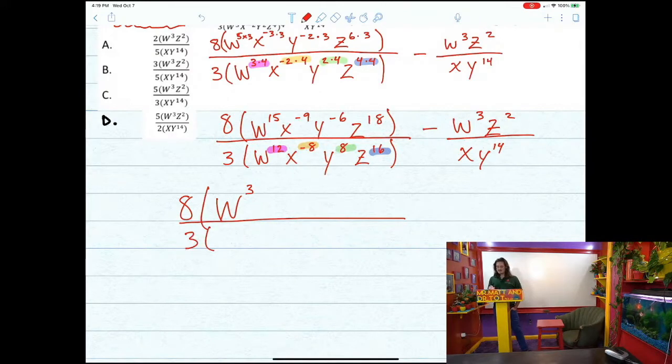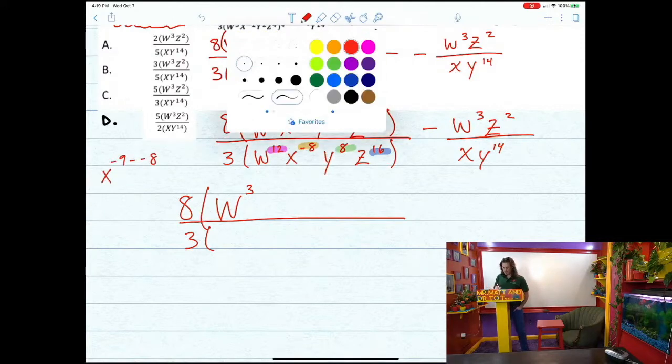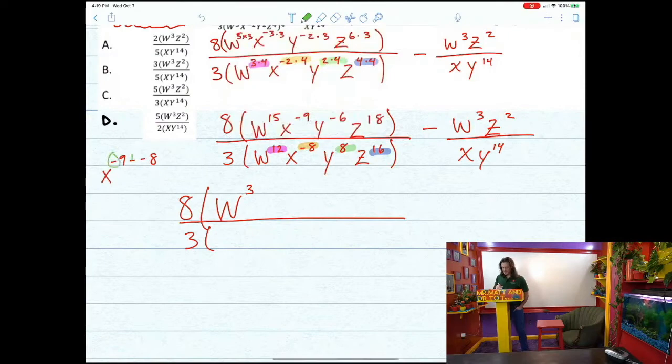Now for the x's, we're going to have -9 minus -8. X to the -9 minus -8. You can do leave, change here. So you leave that sign, change that sign, and change that sign. That's going to turn into x to the -1 power.